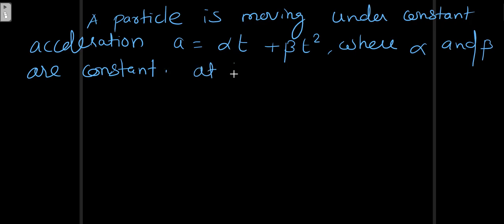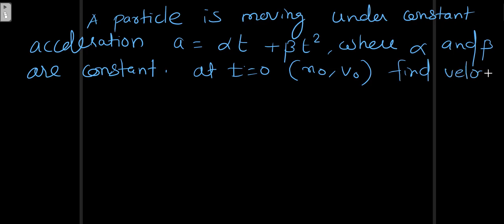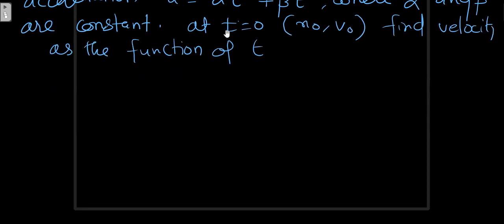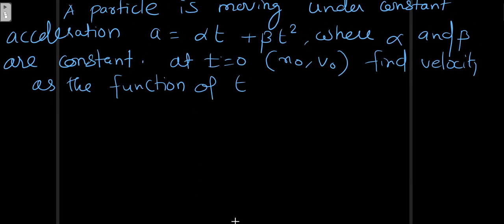At t equal to 0, the initial time, the position will be x0 and velocity v0. Find velocity as a function of time t. Clear? So here acceleration is given in the form of a quadratic equation.